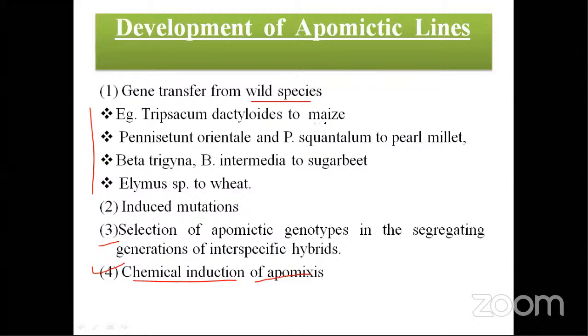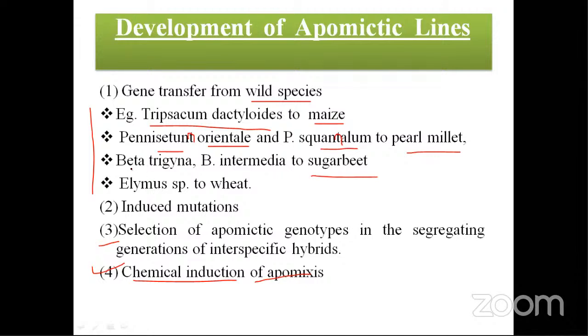So in case of maize, the donor for the apomictic line is Tripsacum dactyloides. In case of pearl millet, Pennisetum, sorry, this spelling is wrong, Pennisetum orientale and Pennisetum squamulatum are the source for the apomictic line. Then in case of sugar beet, you can find Beta trigyna and Beta intermedia are the sources of apomixis.